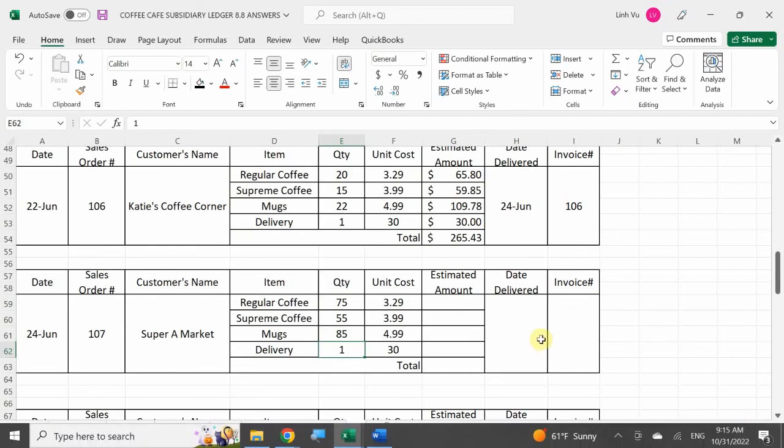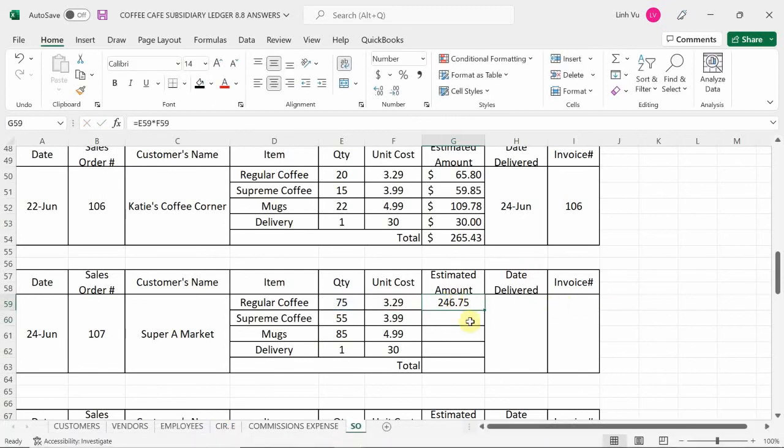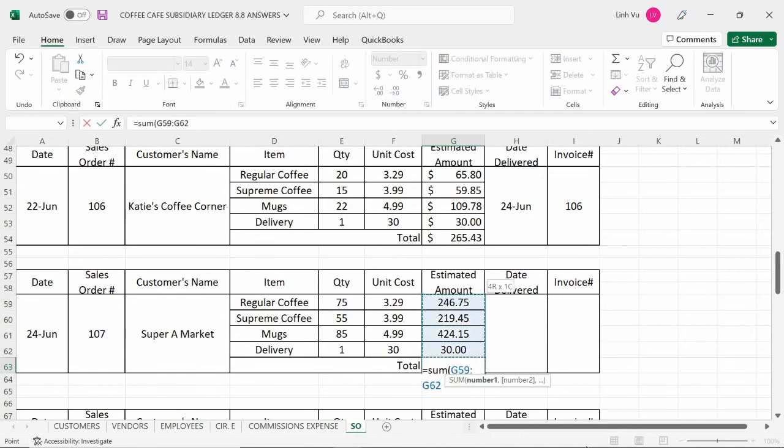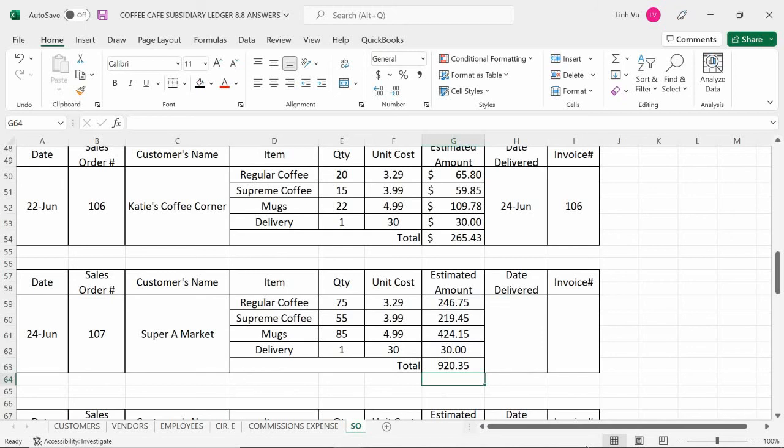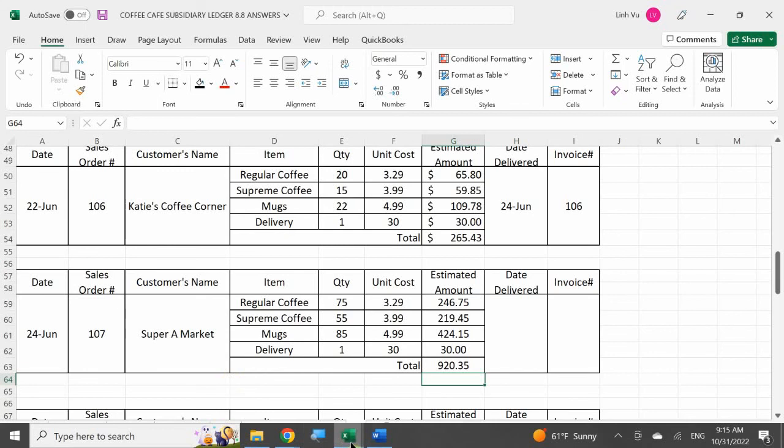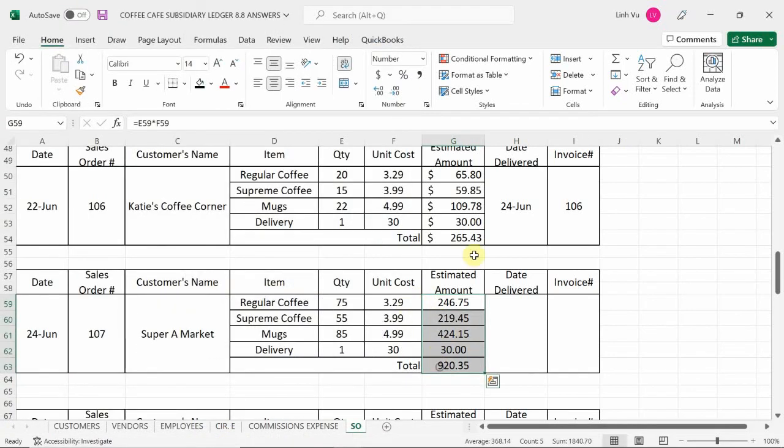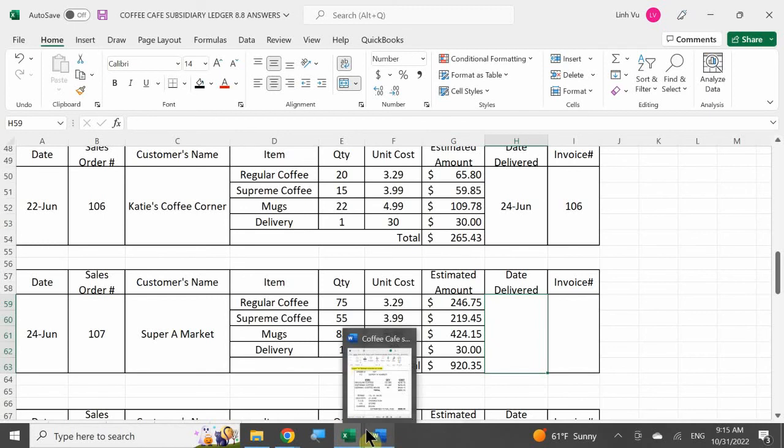You don't have to do these calculations because we've already calculated it on the sales order. So $920.35 is what they owe, or in this case, is what the sales order was quoted for. Okay, so that matches my sales order.